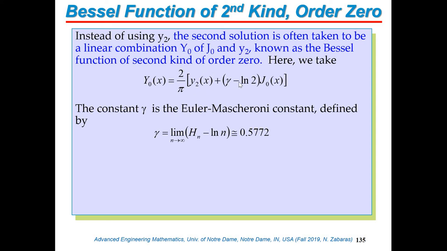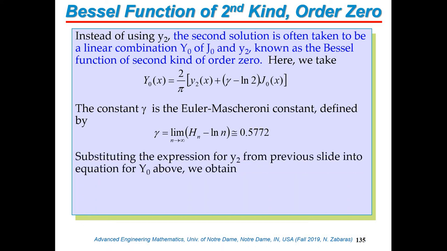Just a linear combination, and the linear combination involves this coefficient gamma that is known as the Euler-Mascheroni constant. That's approximately 0.5772. And so this is our new Bessel function. It's known as the Bessel function of second kind of order 0.